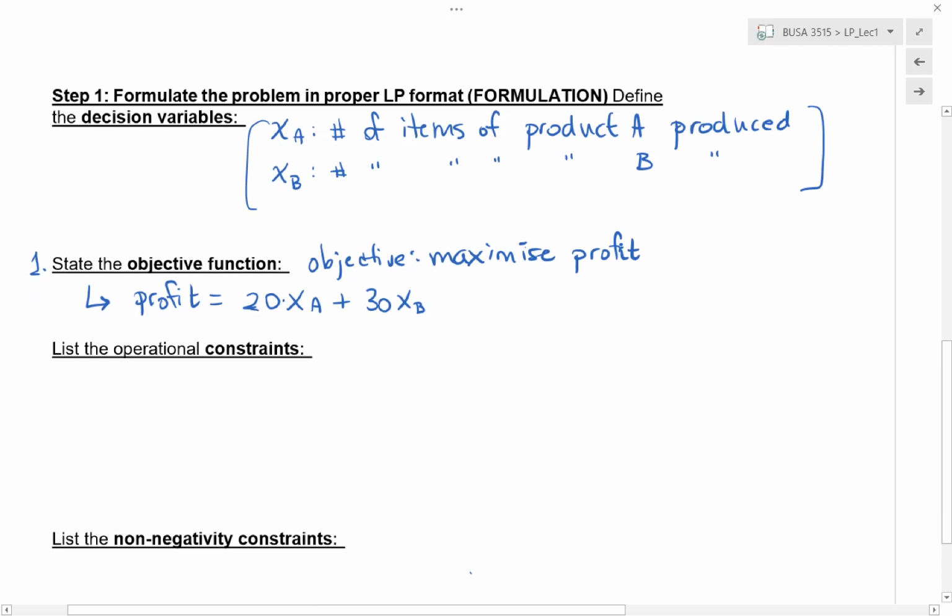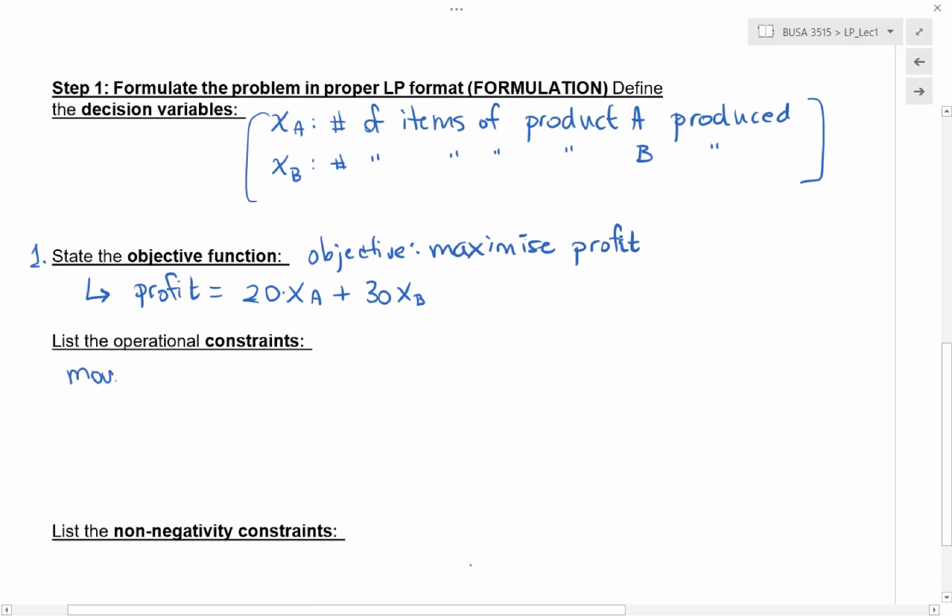Now, constraints. We have several of them. We only have 200 hours available in the molding department, 210 in the painting department, and 120 in finishing.